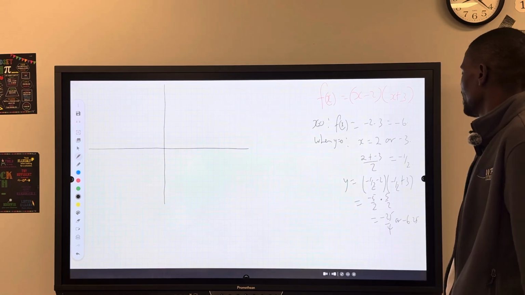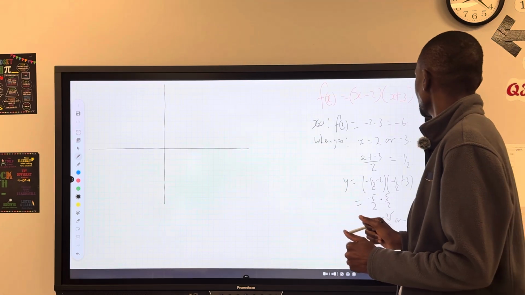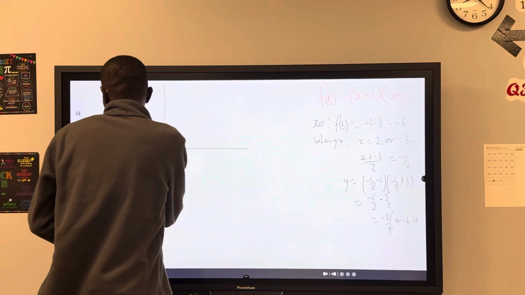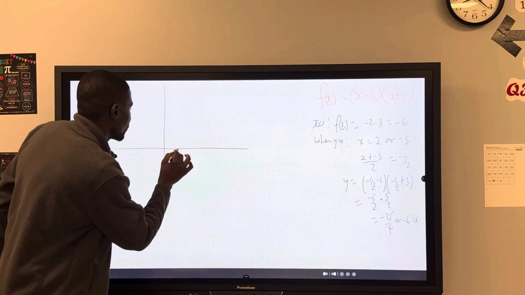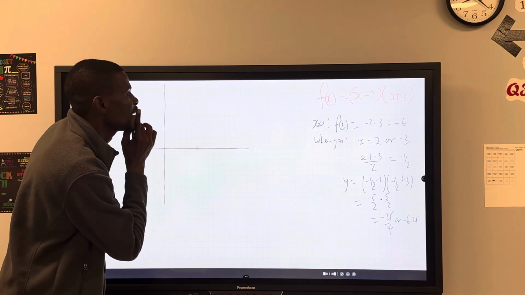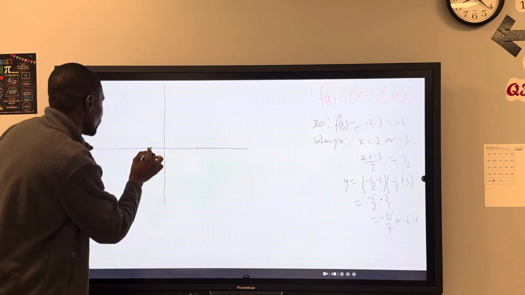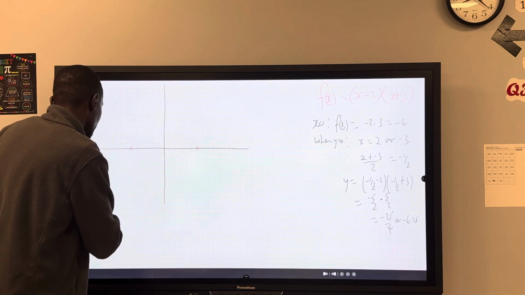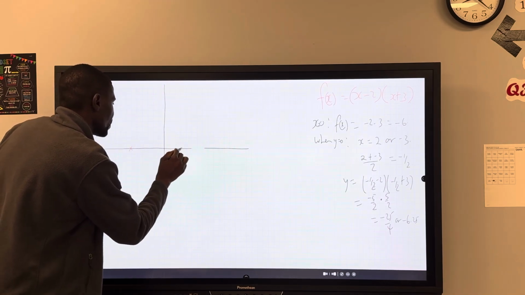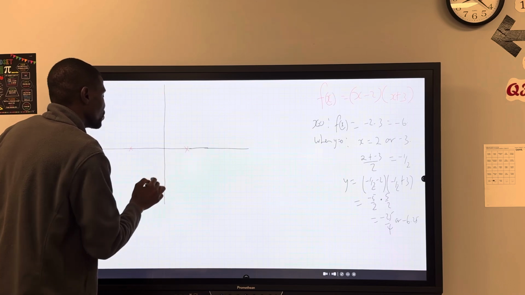So now I have all the pieces that I want, and I will go ahead and graph this. I'm going to count 2 boxes. I've got my negative 3, and I have my 2 here.